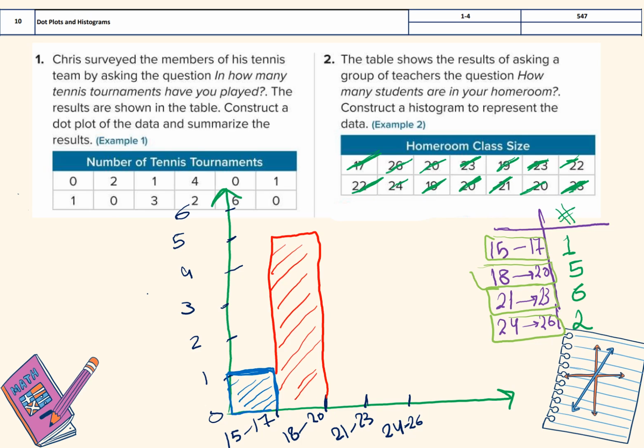And then we're going to make a rectangle here that has height of 6, representing category from 21 till 23.